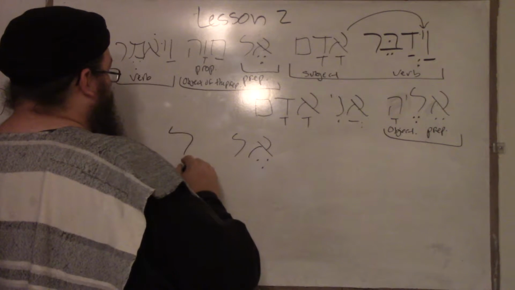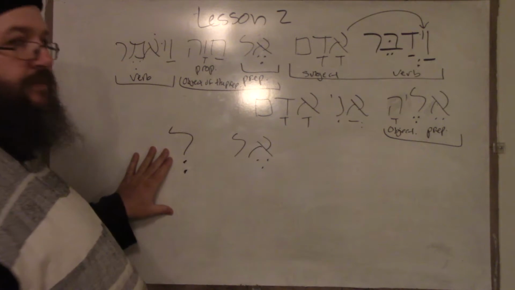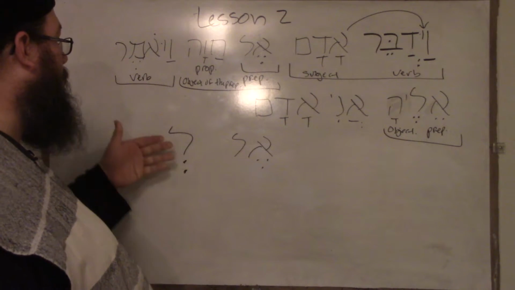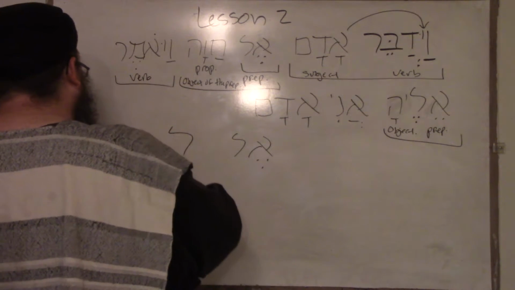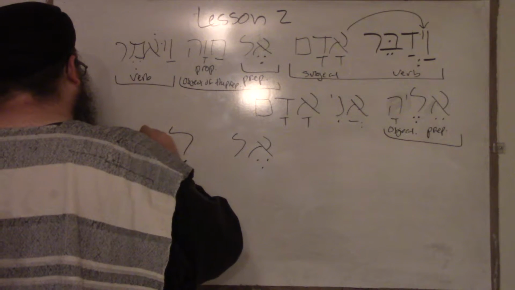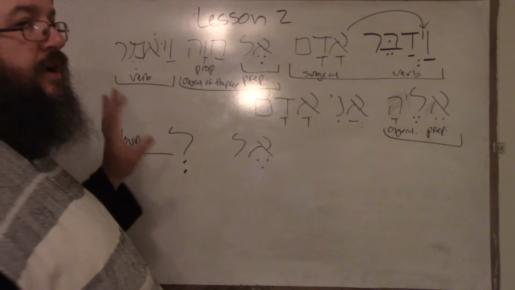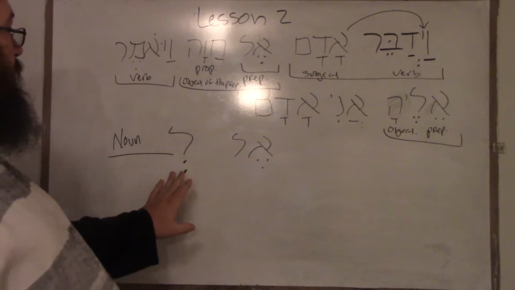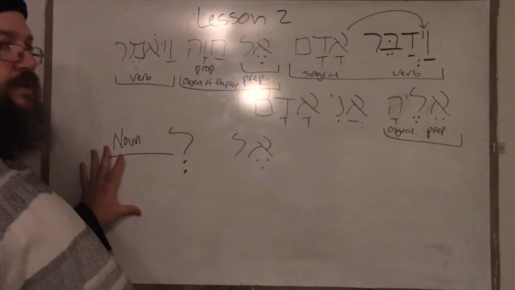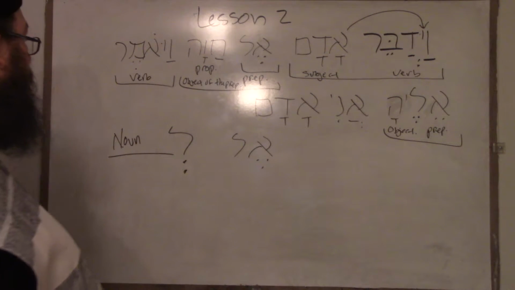The inseparable was the one which is like lamed. It's an inseparable, which means it has to be attached to my noun. So if I have this, the next thing I can look for basically is my noun, okay? Lamed also can be used with verbs, but here just look at this and notice the lamed preposition is going to be attached to my noun, alright?